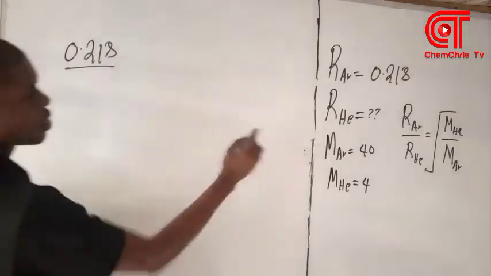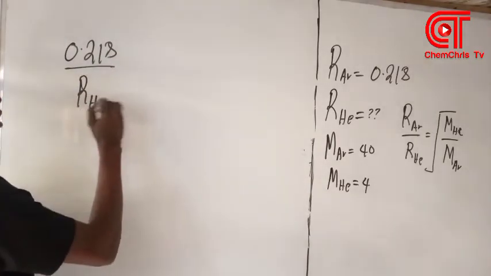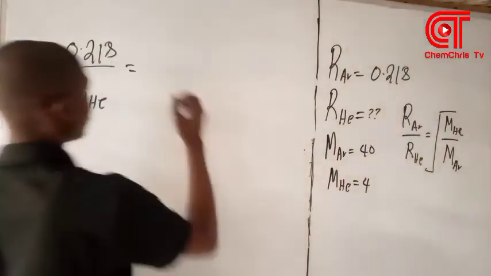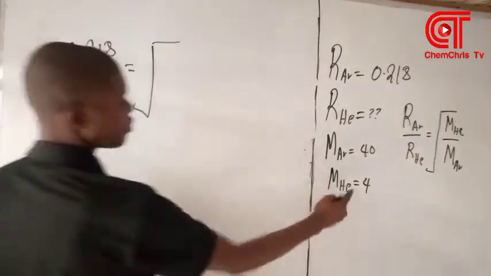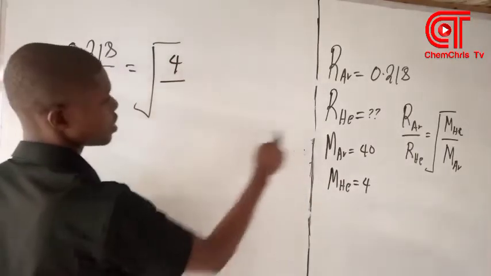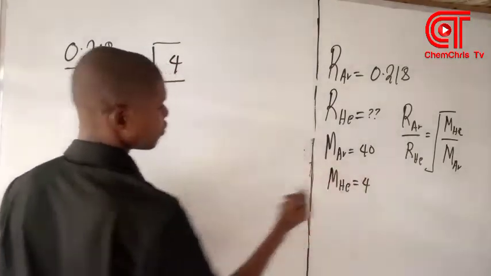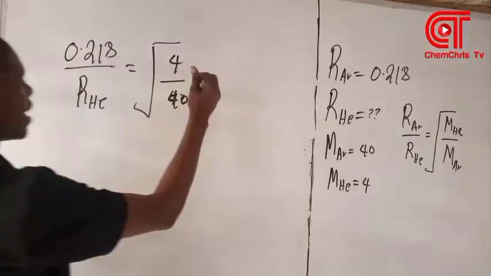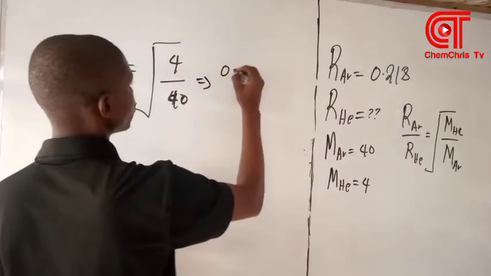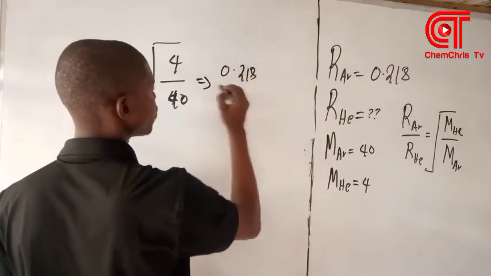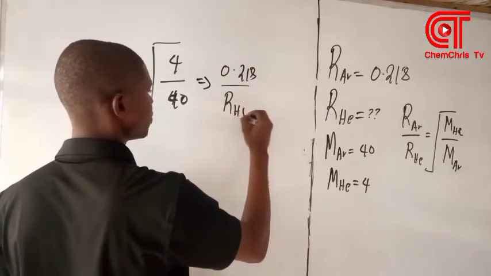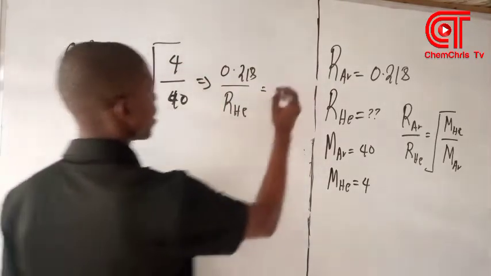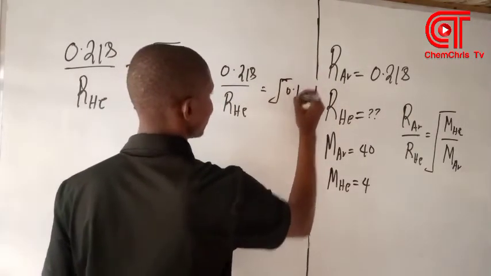So here we have 0.218 over the rate of helium equals, now the molar mass of helium is 4 over the molar mass of argon, which is 40. And when you divide from here, we have 0.218 over the rate of helium equals the square root of 4 divided by 40, which is 0.1.